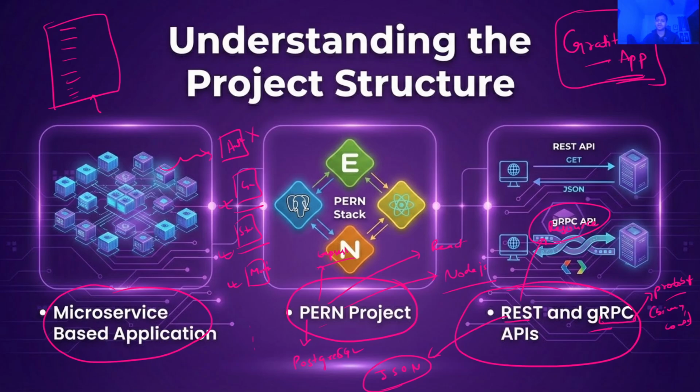Because of the binary nature, it reduces the size as well, and hence the processing time of gRPC reduces. In other words, gRPC is approximately 30 to 60, 65% faster than REST APIs altogether.